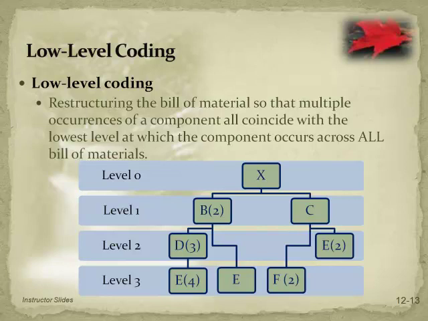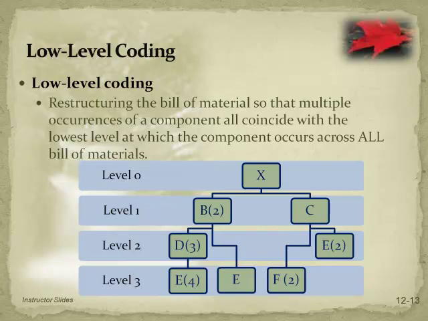And that level is referred to as level 1. And to make the B's requires 3 D's. And to make the C requires 2 E's. And that is level 2.